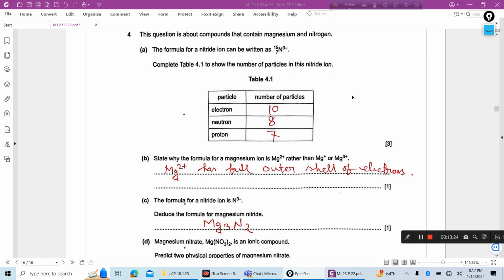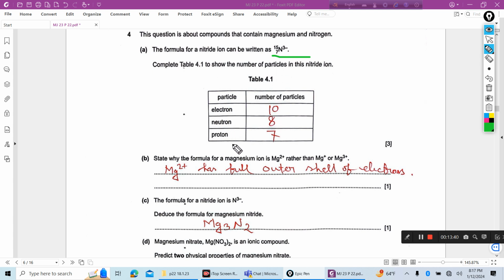Come to question number 4. Nitride ion, N 7, 15, 3 minus. Number of electrons, neutrons, protons. Proton number 7, mass number 15.